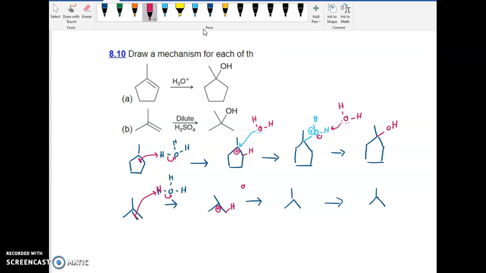That's attractive to a water molecule, and it comes in and attacks that carbon right there, and we end up with a water stuck on the side. Then another water comes in, and it's going to remove this proton, and we end up with the hydroxy.